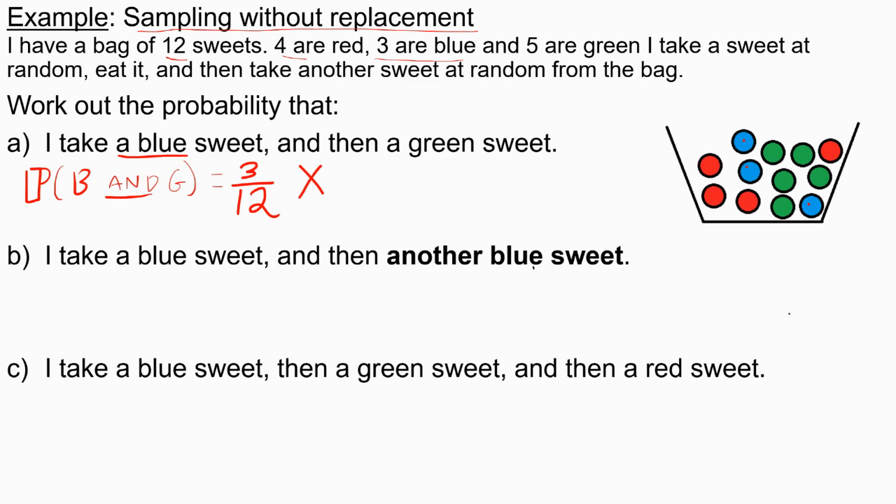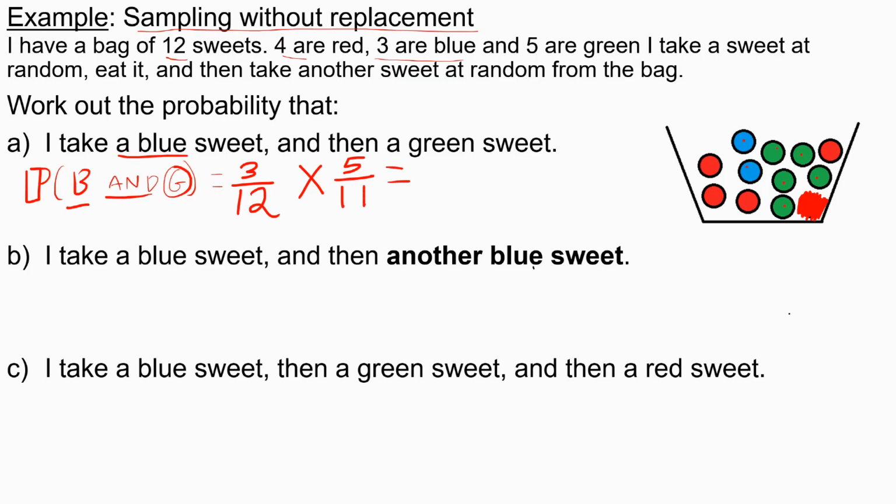And now I need to think of the probability of taking a green sweet after I have taken a blue sweet. Well, if I've taken a blue sweet, we can imagine that blue sweet is gone. So now I have 5 green sweets, but only 11 sweets in total. So it's 5 out of 11.